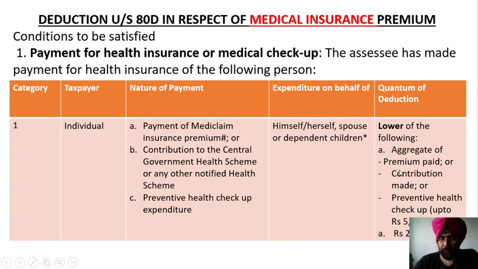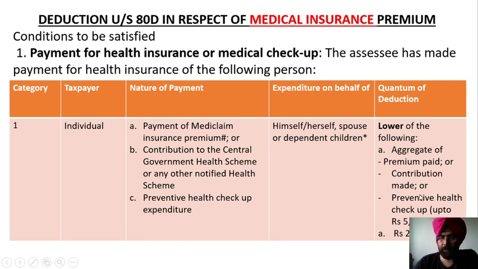Suppose a person has paid health insurance premium for himself, herself, spouse or dependent children of rupees 26,000, then the maximum deduction available will be 25,000 only. Suppose the person has paid medical insurance premium of rupees 20,000, then the maximum deduction will be 20,000 only, because it is the lower of 20,000 or 25,000.